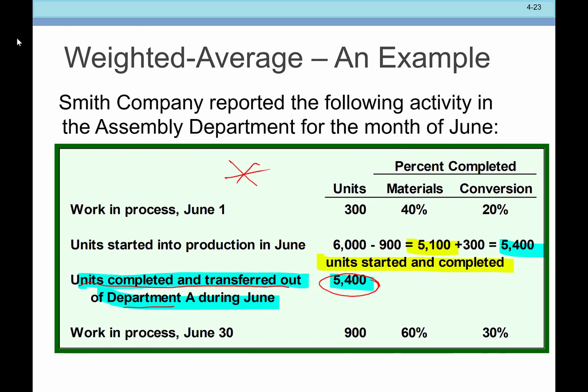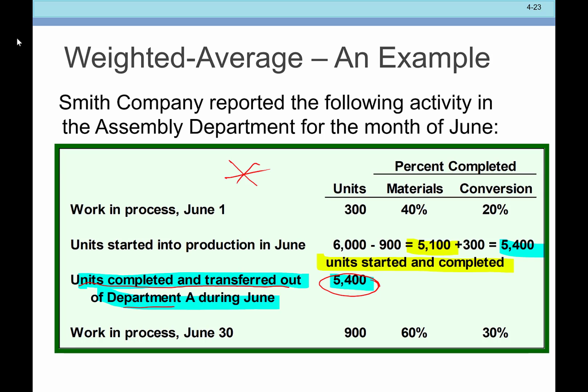All right, so let's just take a look, and we can see that we had 300 units that were in process, and at the start of the period they were 40% complete as to materials. They were 20% complete as to conversion costs. Remember, conversion costs are direct labor and overhead, right?